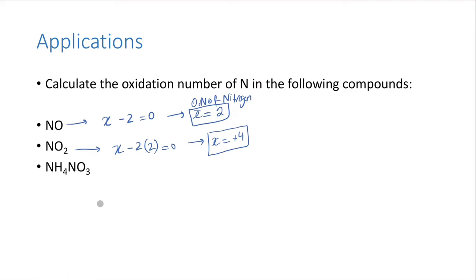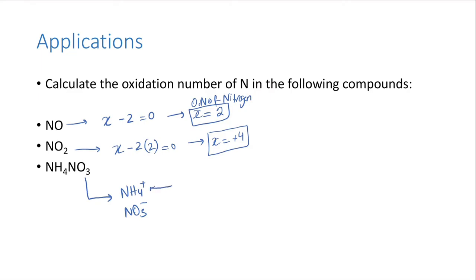Now this is a little bit challenging because we need to dissect this molecule. This is NH4 plus and NO3 minus. We need to dissect this molecule into the equation of its dissociation reaction. So this compound is ionic, and we need to dissect it in order to calculate the nitrogen here.